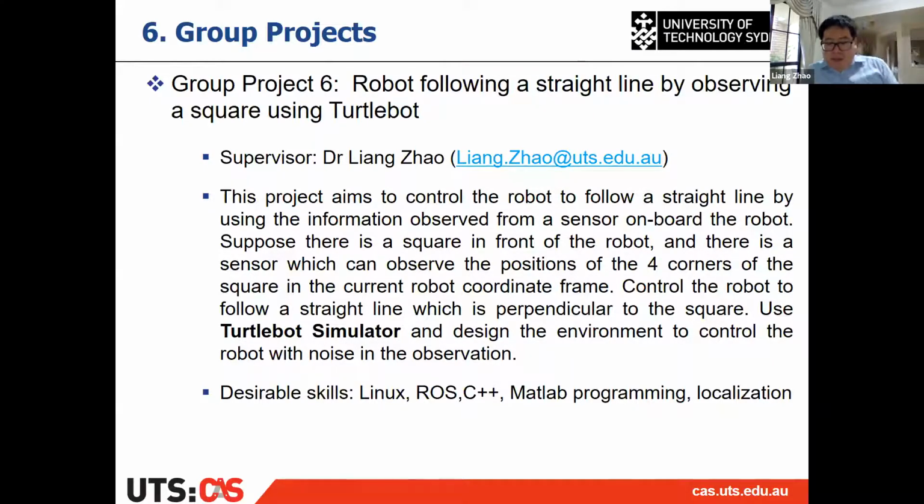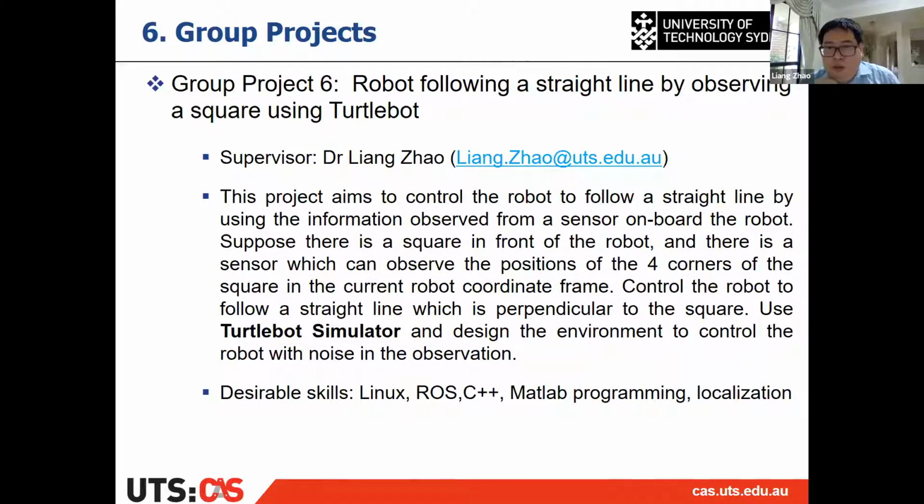Then if you are interested in that, I suggest you spend a little bit of time on the lecture notes of the visual servoing. So suppose you have some markers, or you have a square on the wall, right? And then you are designing a line which is perpendicular to that marker, and you need to control the turtlebot to follow that line you defined by observing that marker or that square.